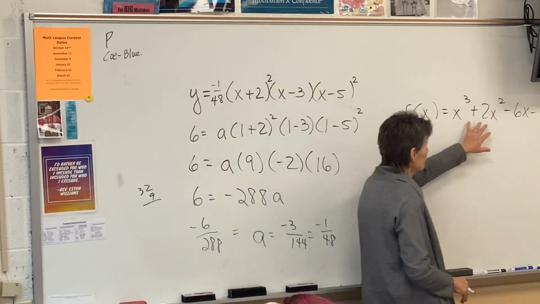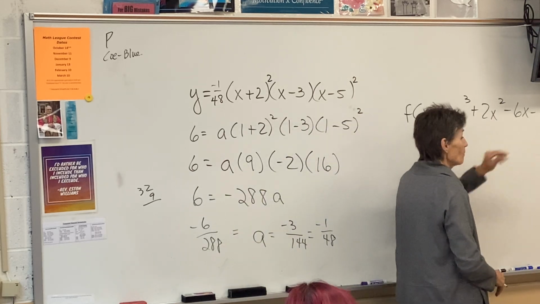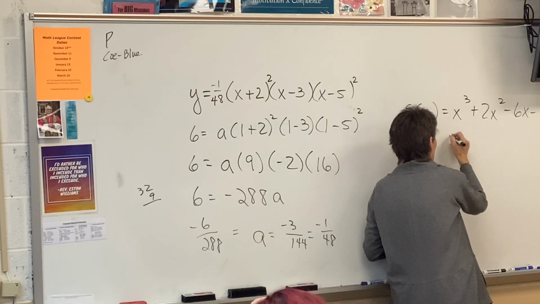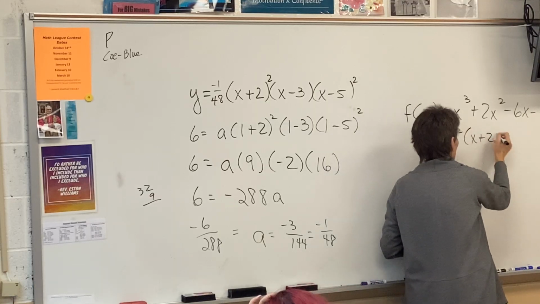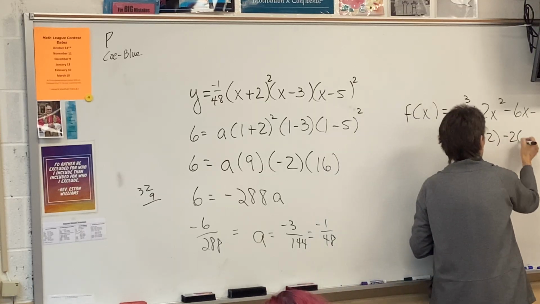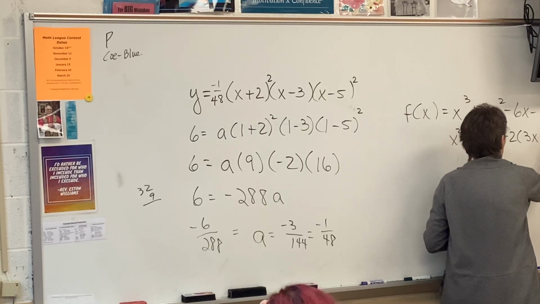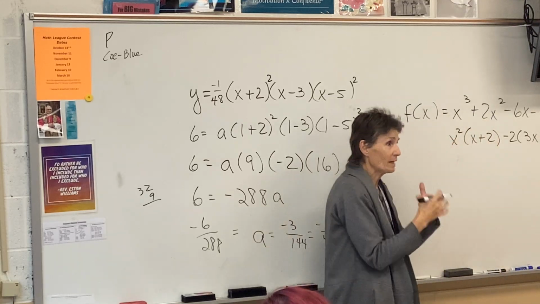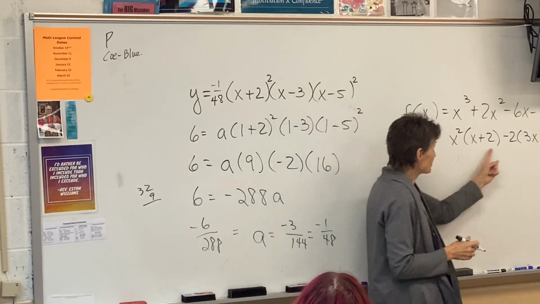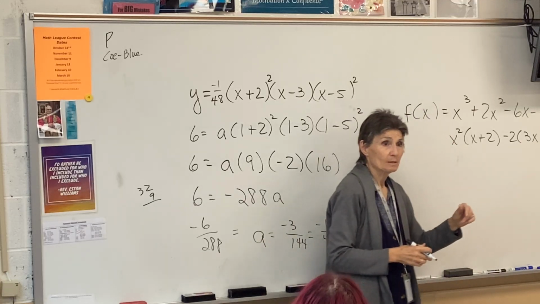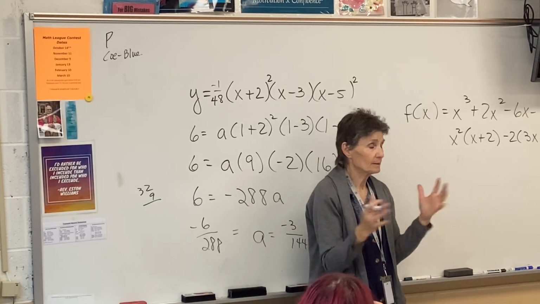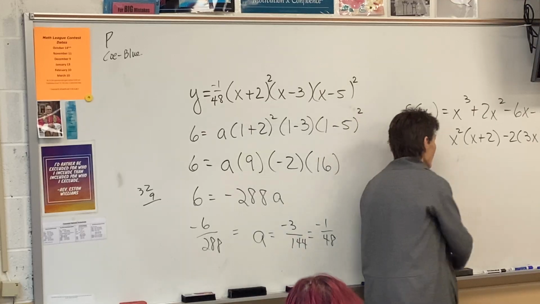Look at it. We talked about this before. I can take out an x squared. I can even take out a negative 2. But the problem is, when I do that, these don't match. So it doesn't work.